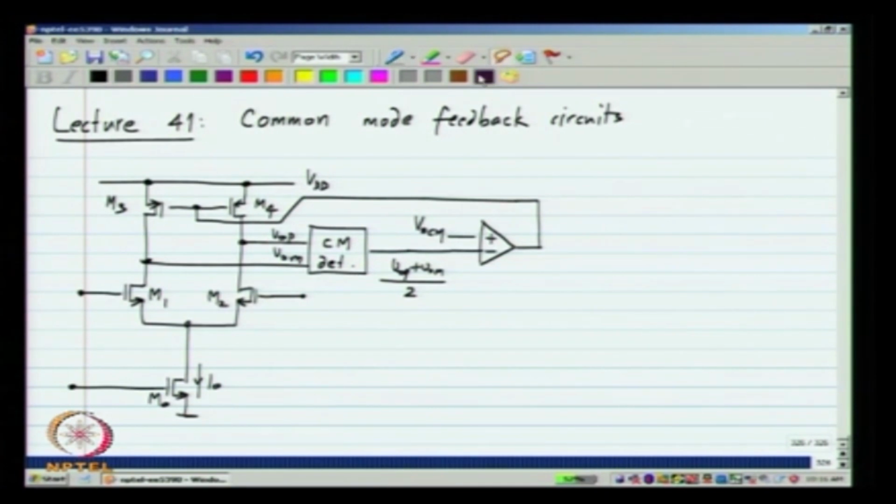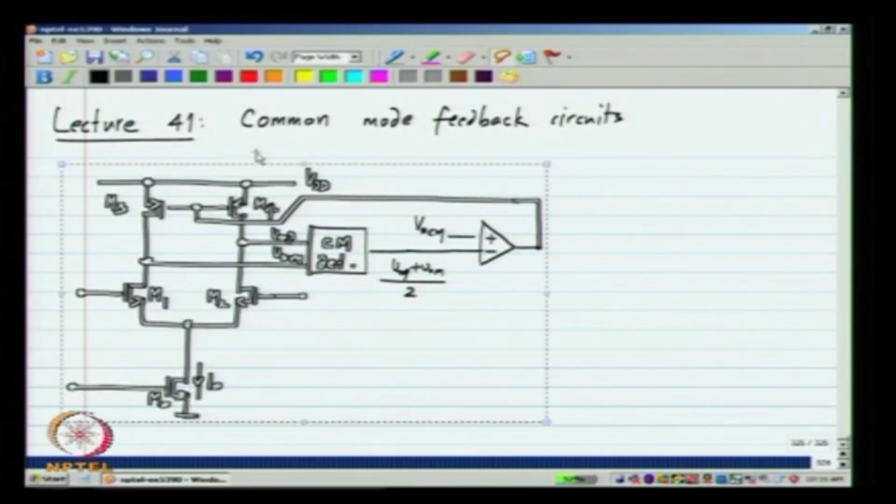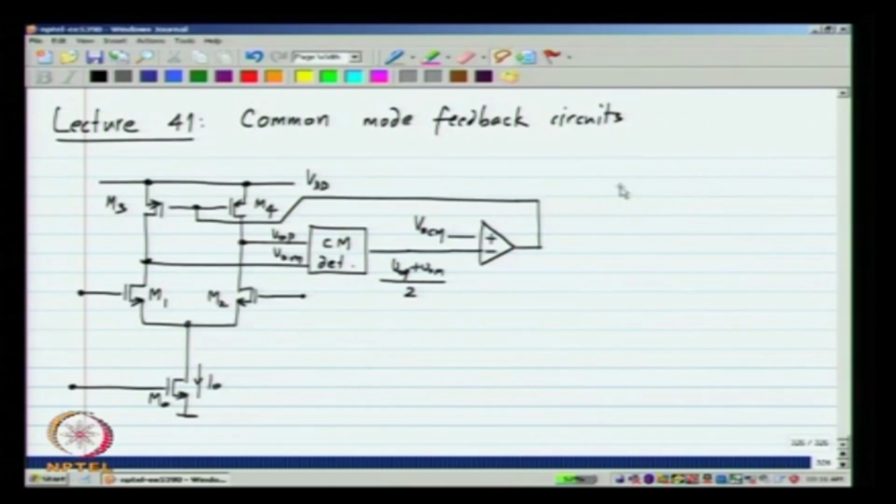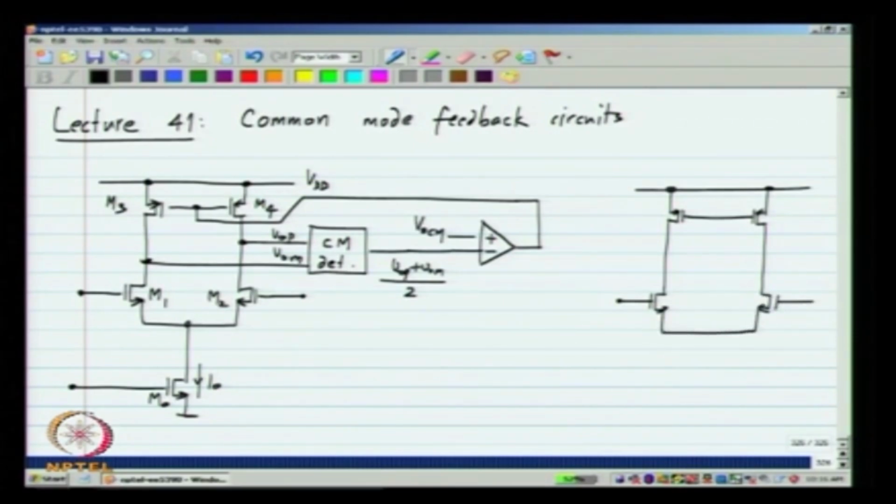We also saw a very simple realization of this circuit, where we did not have an explicit op amp for comparison. All we had was... we made a common mode detector using a resistive divider of equal resistors.